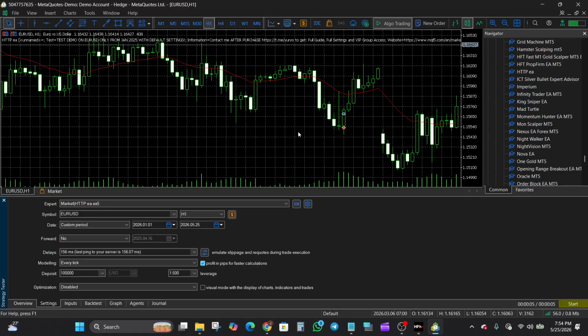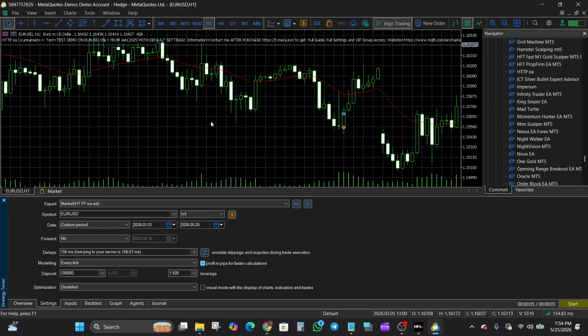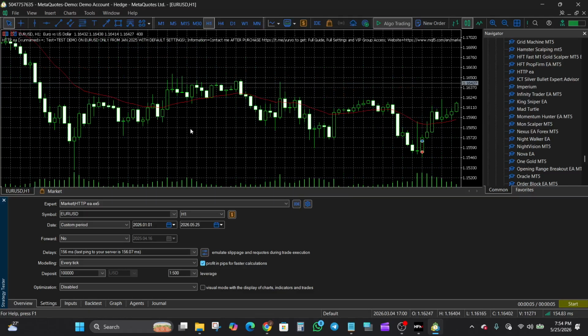The use of pending orders becomes noticeable in how entries are triggered at specific price levels instead of random market execution. And you can also observe how positions are managed with defined stop loss and take profits from the moment they are opened, which keeps each trade clearly structured in terms of risk.